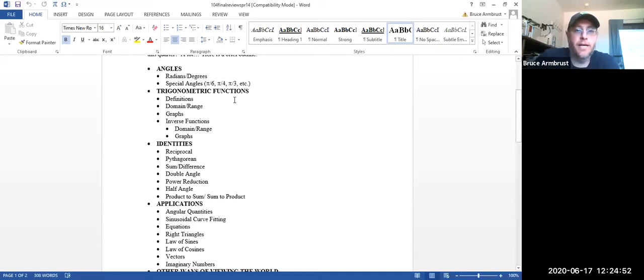And then we also talked about the inverse trig functions. When I put here domain and range, that's the most important piece. Because when we defined them, remember, we had to restrict the angles because otherwise the trig functions weren't one-to-one, and so there were no inverses. This bit where I put graphs, strike that.